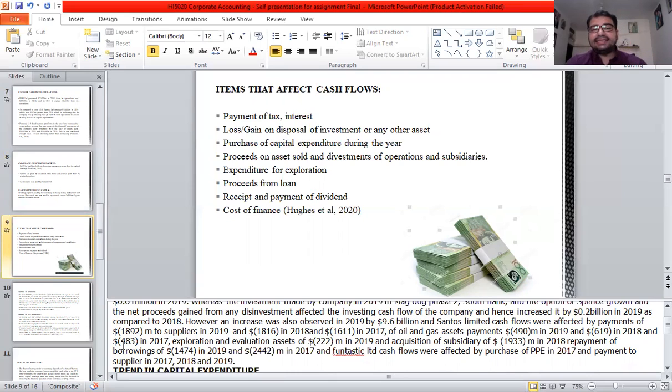of 1,892 million to the suppliers in 2019, 1,816 in 2018, and 1,611 in 2017. Oil and gas assets payments were 490 million dollars in 2019, 619 in 2018, and 483 in 2017.